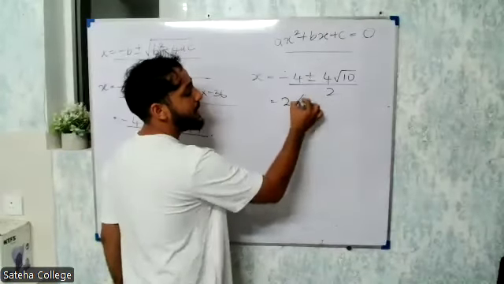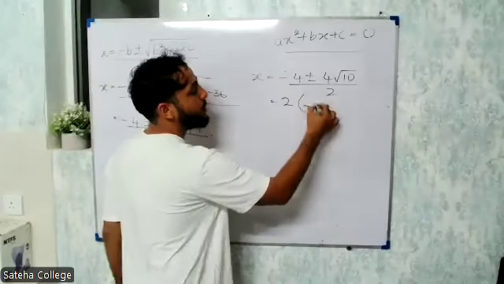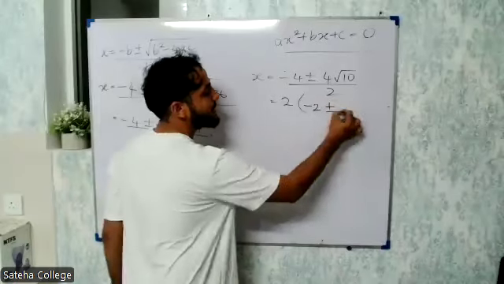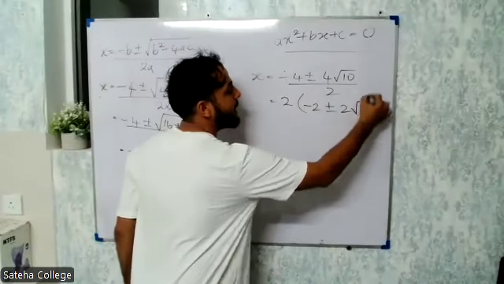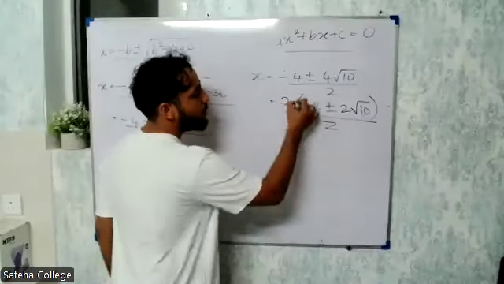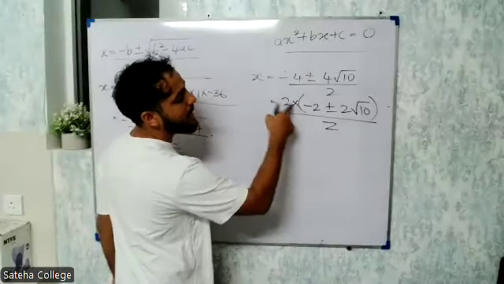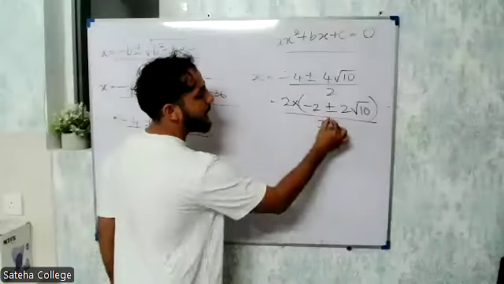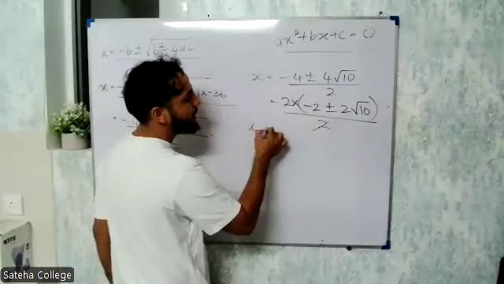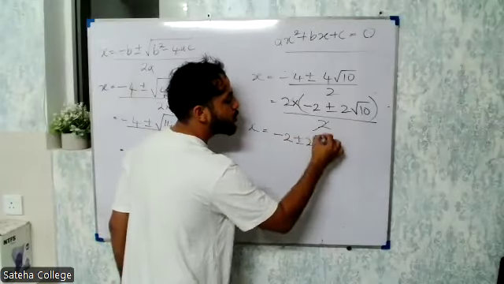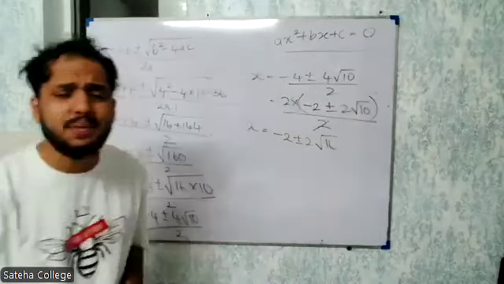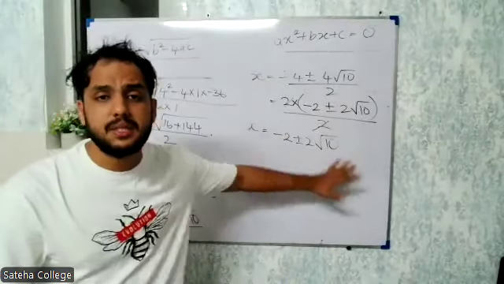If you take the common number as 2, 2 into minus 2 is minus 4, plus or minus 2 into 2 is 4 again. So 2 root 10 divided by 2. Now 2 is multiplied here, so you can cut it off. Now you remain with x is equal to minus 2 plus or minus 2 root 10. Now this is the maximum simplified version.